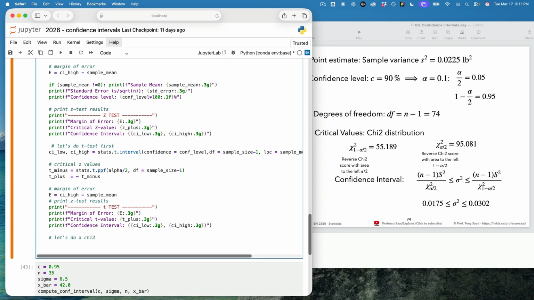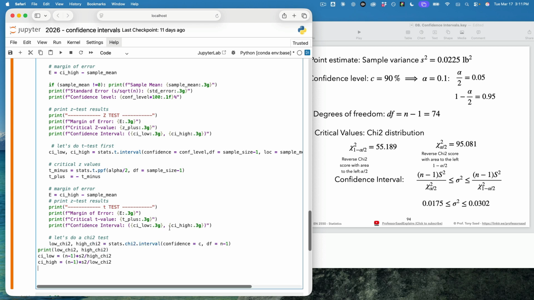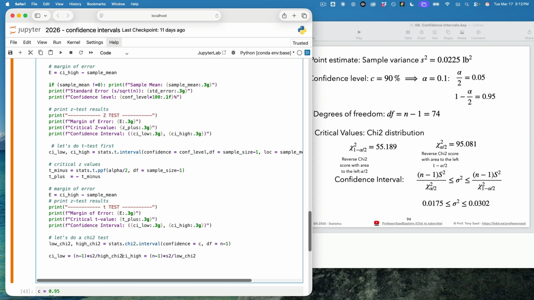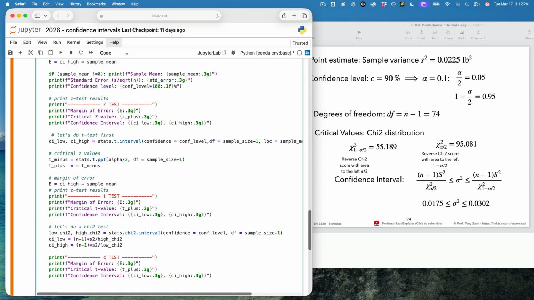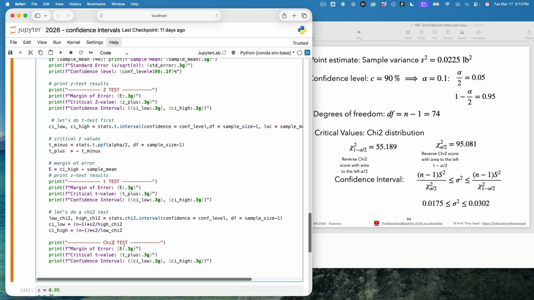Let's do a chi-squared test. And I'm going to print this, CI low, CI high. Conf level, and DF is sample size minus 1. I'm going to paste this here, chi-squared test. There's no margin of error because there's no sigma plus and minus.